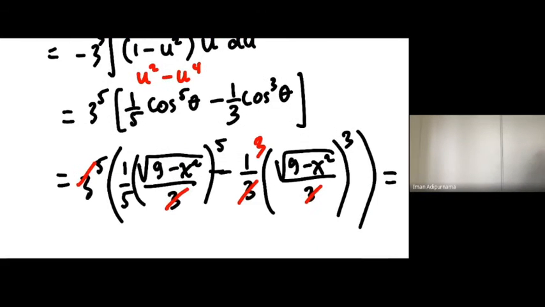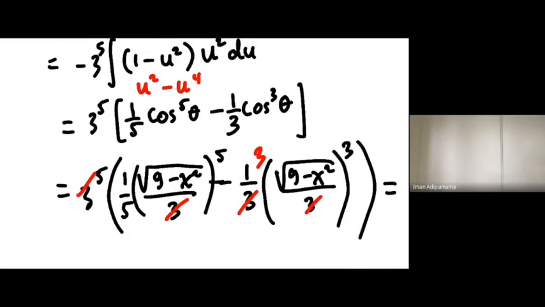Cos to the 5, cos cubed, and because it's still in cos theta, we need to get back to the original variable, x. So we need to define cos theta in terms of x. That's why I change cos theta into the square root of 9 minus x squared over 3, etc.